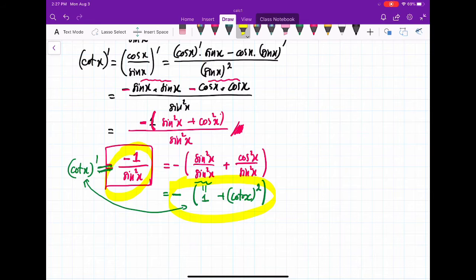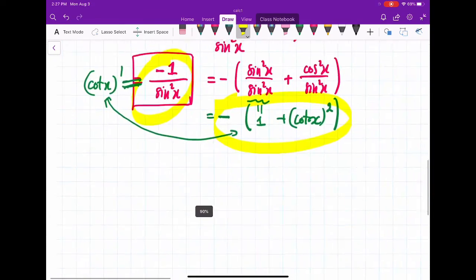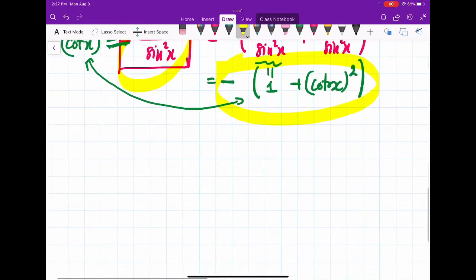You see, with cosine you have negative sine. For cotangent you have negative 1 over sine squared, right? But for tangent you have plus 1 over cosine squared, or plus 1 plus tangent squared. Okay? So that is about the derivatives of the 4 basic functions.